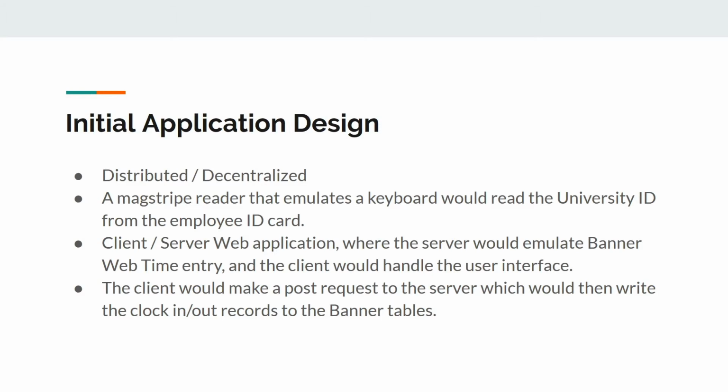I had done some work prior to this project with a magstripe reader reading our ID cards, and it emulated a keyboard so that you could program it to do whatever you wanted and output that as keyboard output. So I had programmed this reader to read the employee ID off of the ID card and append a carriage return to that.